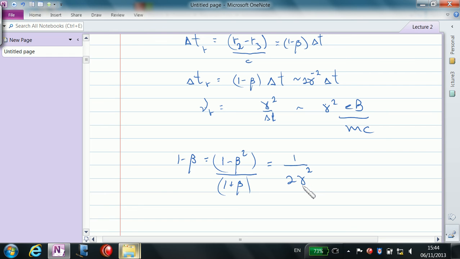So then it becomes 1 over 2 gamma squared. 1 plus beta is approximately 2 when beta is approximately 1.